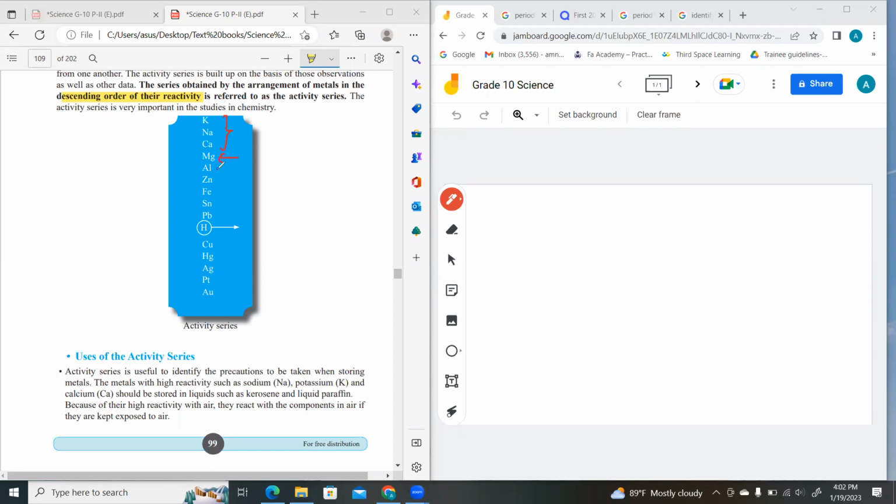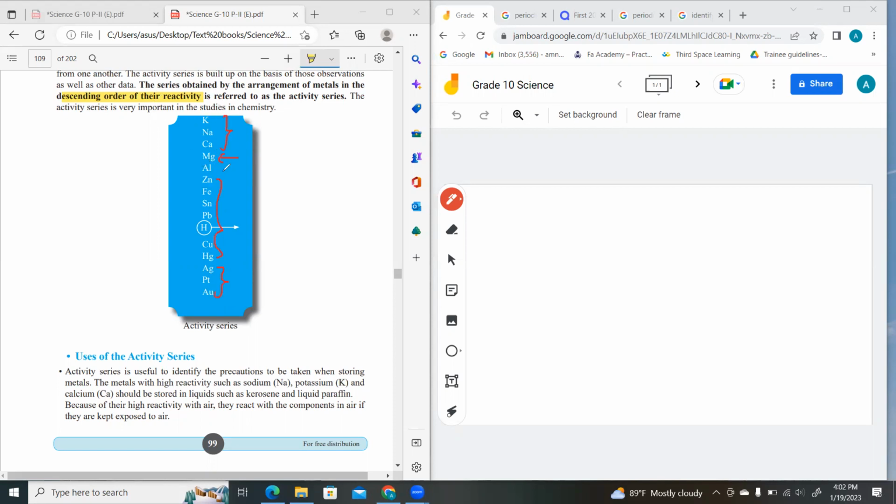Then aluminium, zinc, Fe, Sn, and Pb will be coming into one group, and these three will be going into another group, right? This is how it will be. But here the separation should go up to this and this.